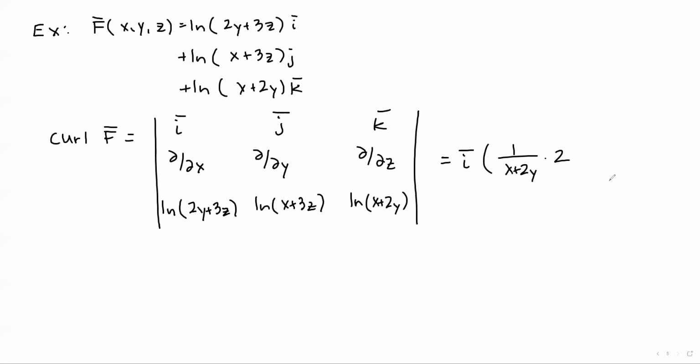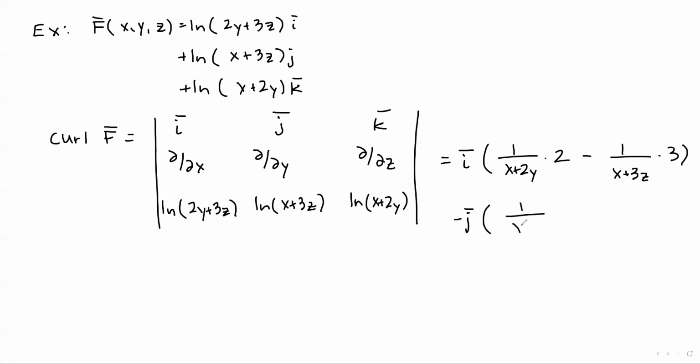And then minus the derivative of natural log of x plus 3z with respect to z. So we get 1 over x plus 3z times the derivative of the inside with respect to z. The derivative of x with respect to z is 0, and the derivative of 3z with respect to z is 3. All right, and then we get minus j.